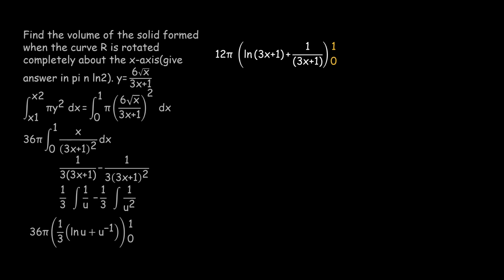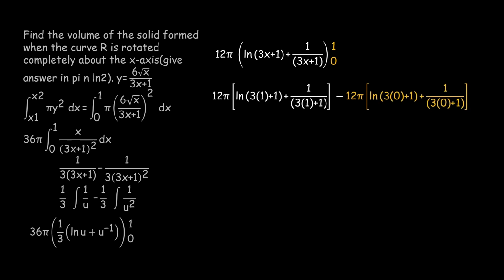If we substitute the limits as 1 and 0 in there, we're going to have 12 pi times ln of 3 times 1 plus 1, etc. And we'll substitute 0 as well, but then the natural log of 1 would be 0. So the first part of the expression would be 12 pi times the natural log of 4 plus 1/4, minus 12 pi times 1.